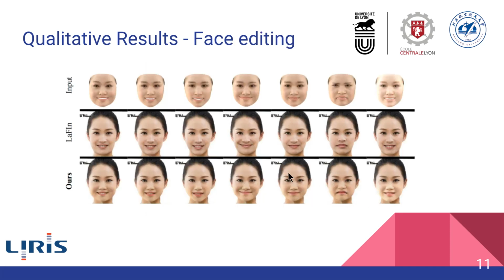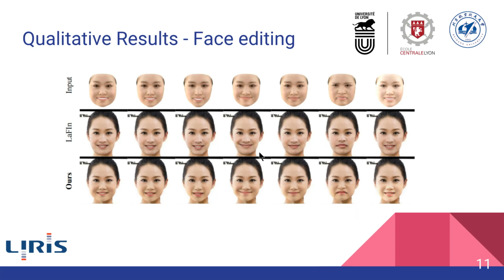And we also compare the face editing ability of our model with LaFIn, the landmark-guided face inpainting method. This time we provide LaFIn with 68 facial landmarks extracted from our predicted 3D face model. This figure shows the results guided by different 3D priors.